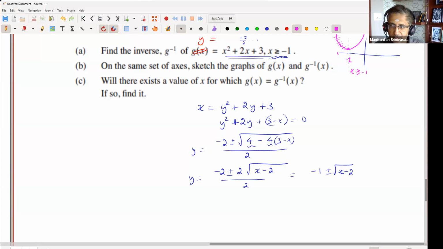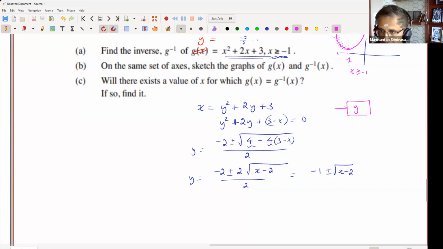Okay. Now, if x is greater than or equal to minus 1 in the original function, then in the inverse, whatever is domain for the original function will become the range for the inverse. So if you have a function like this, let's say this is g, right? This is the input. This is the output. When I do the inverse, what happens? This becomes the input and this becomes the output, right?